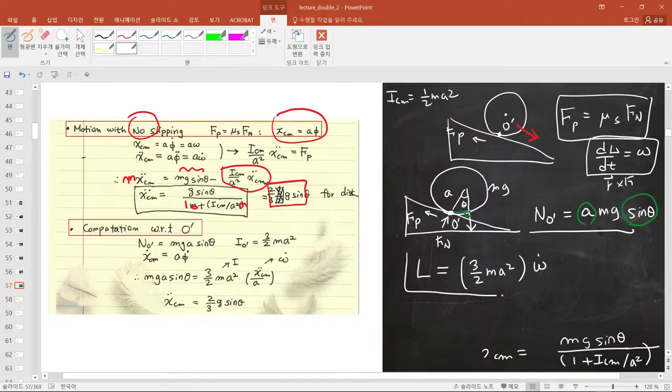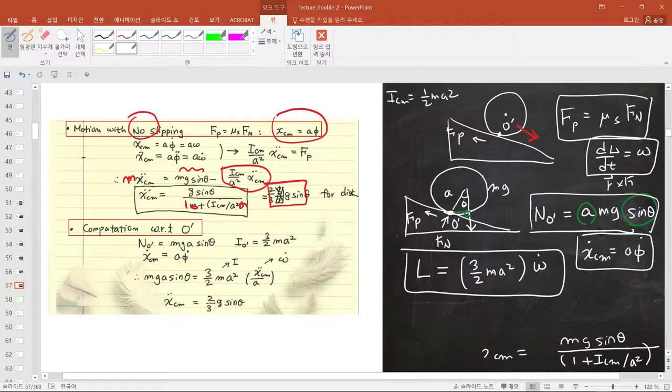Okay, so that is the momentum around this point here, and also for rolling without slipping, you can use x center of mass is equal to a phi dot. Okay, so you have this and this equation.